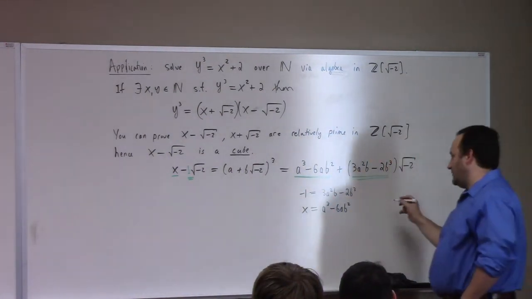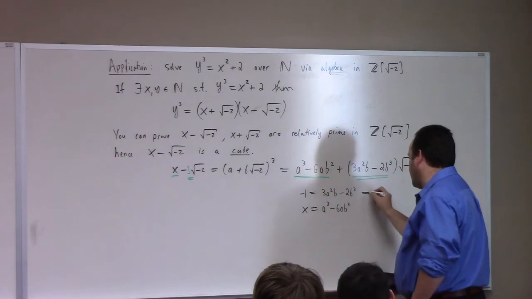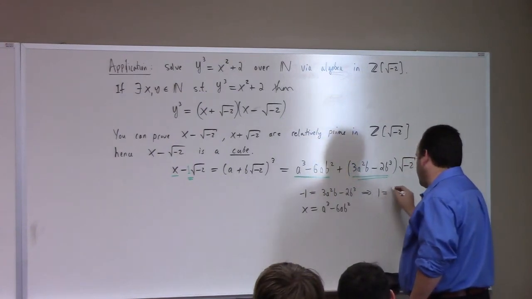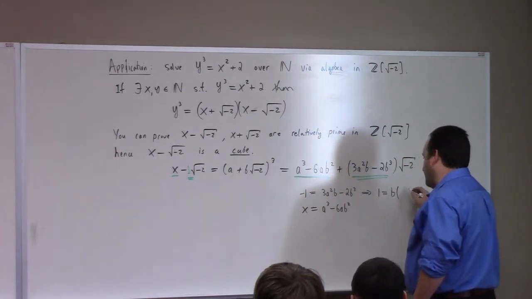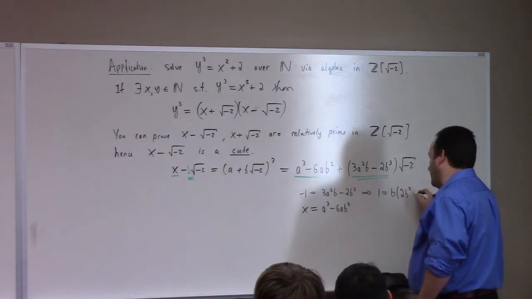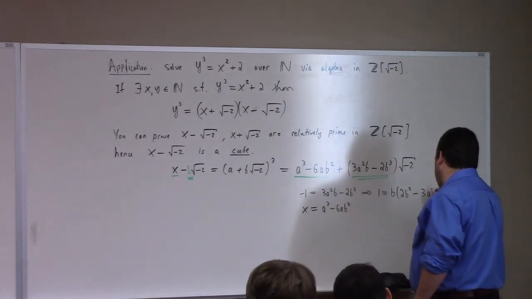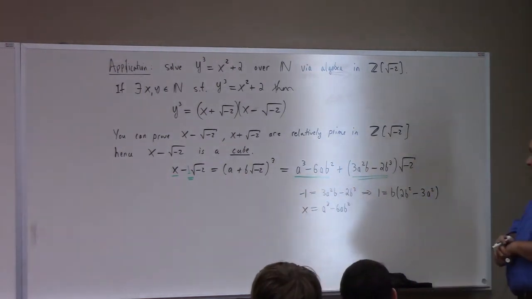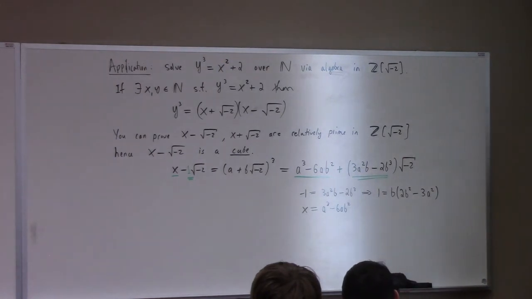But this first equation is very nice because it says that 1 is equal to b times (2b squared minus 3a squared), which says that either b is plus or minus 1.